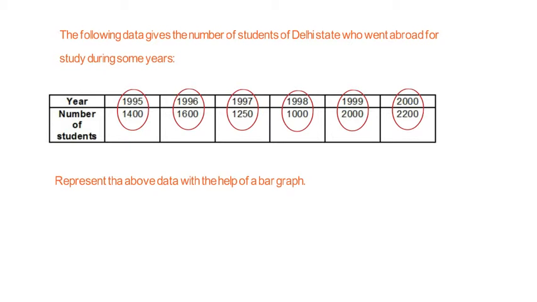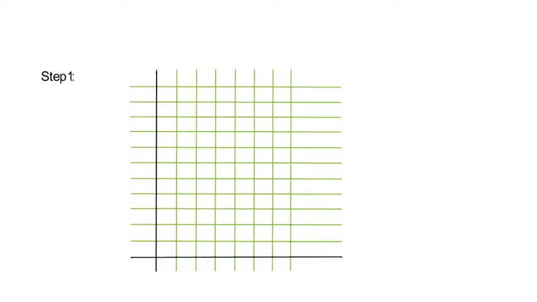So let us move on to the solution. In order to construct a bar graph representing the above data, we follow these steps. In step number 1, take a graph paper and draw two mutually perpendicular lines, say OX and OY, as shown in the figure.